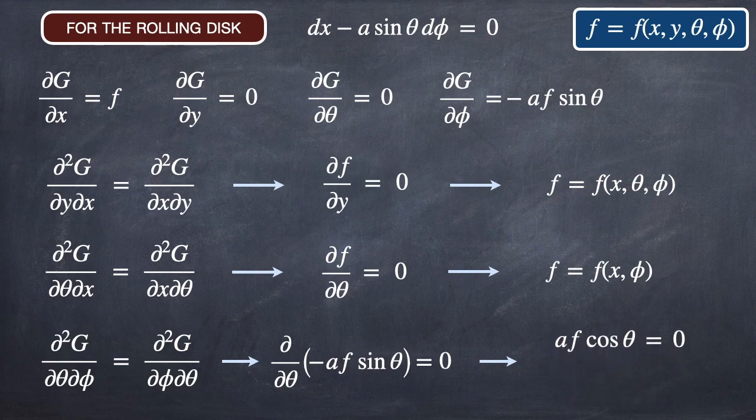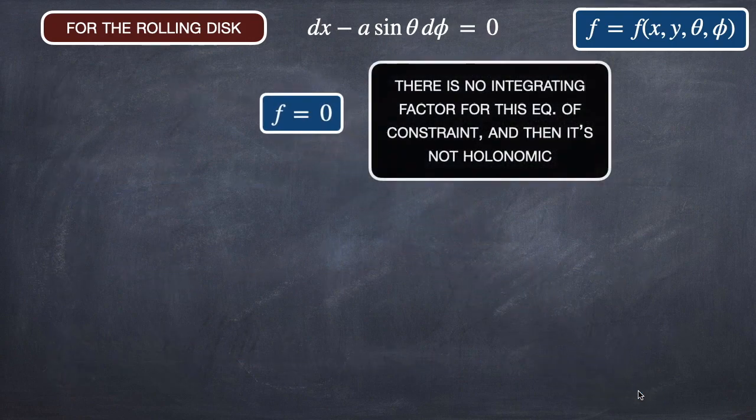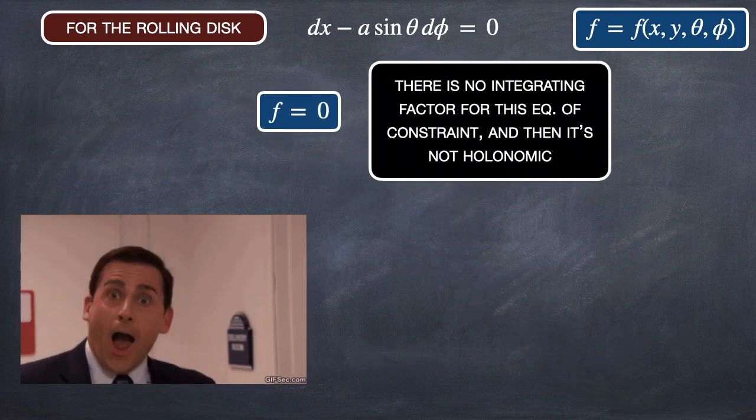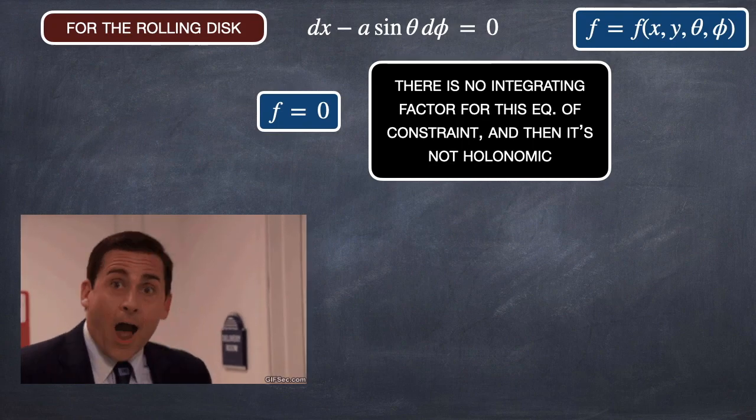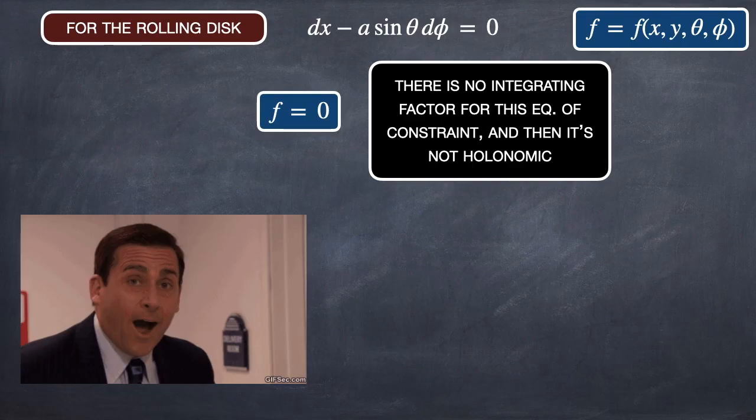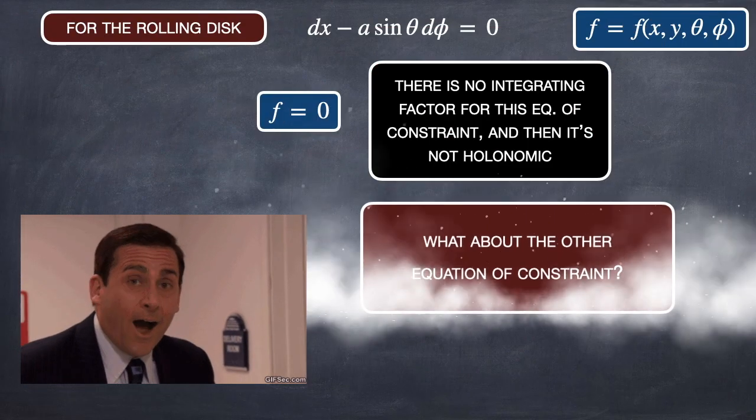Since this is equal to 0 for all values of theta, the function f must be equal to 0. And then there is no integrating factor for this equation of constraint. In other words, it is not holonomic.